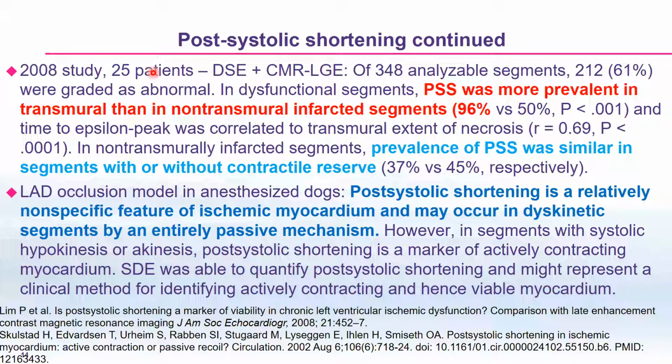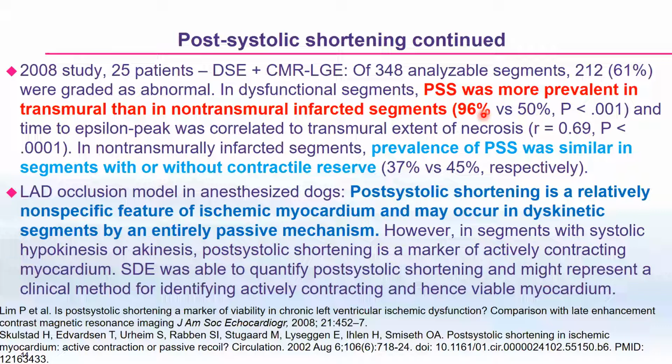But in non-transmural infarctions, there was no difference between the segments with or without contractile reserve. Then there is another study, a load occlusion model in anesthetized dogs, which concluded that post-systolic shortening is a non-specific feature of ischemic myocardium, and maybe it's entirely a passive mechanism. So I'm not sure we can really use this in our practice.